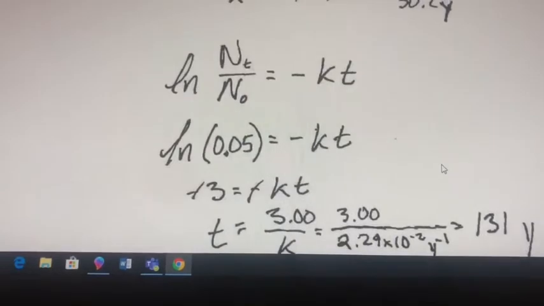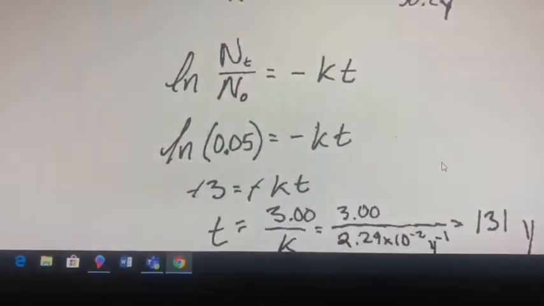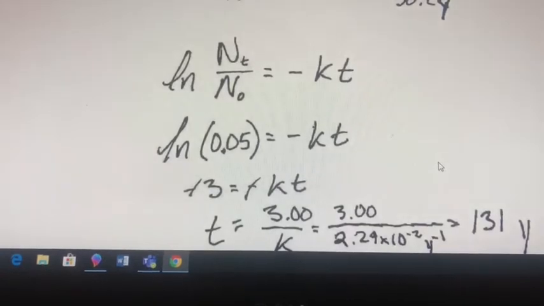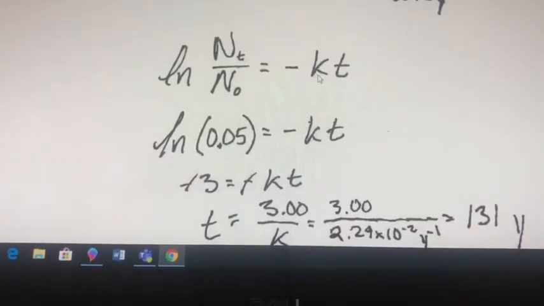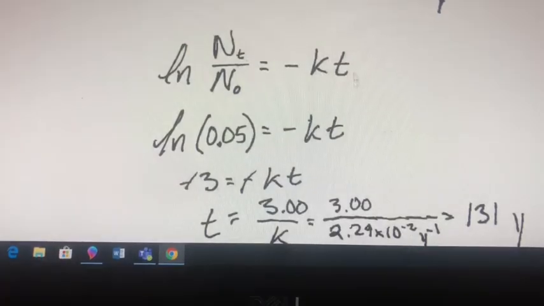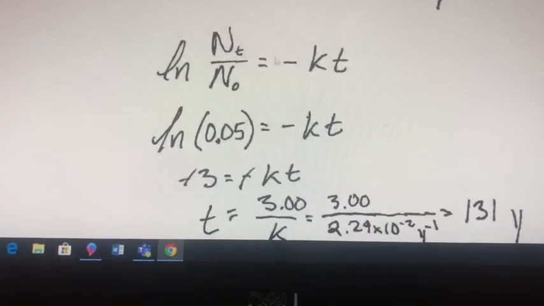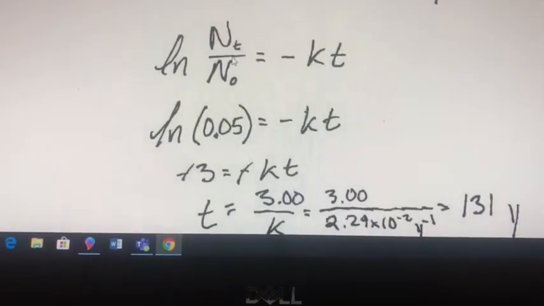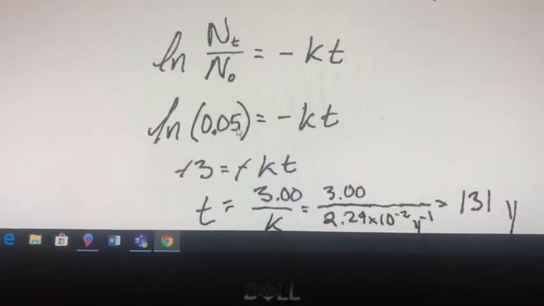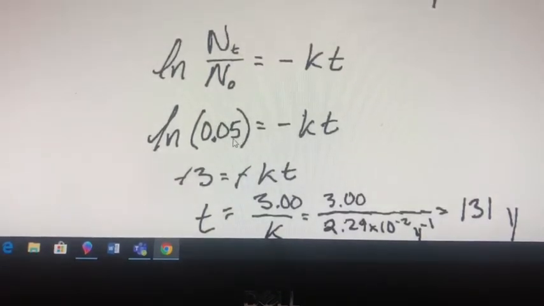Okay, and now we're looking at the first order integrated rate law. So now we have negative kt. We're really going to be solving for t. We have k already. And the question asks when we will get down to about 5% of what we started out with back in 2011 when the spill occurred.